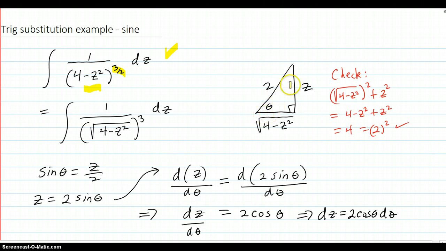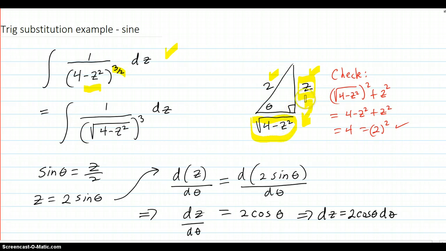So then we draw our triangle. And we're thinking sine. There's a couple ways we can go. As long as we put this quantity either here or up there, these can be reversed and it'll still work. But I'm thinking that'll be an easy relationship of sine theta is z over 2. So let's just go this way.